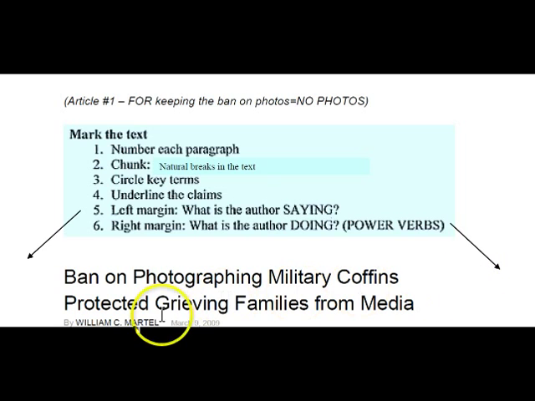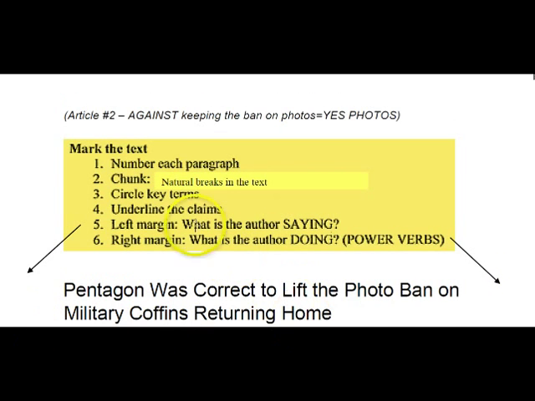Now, when we look at article number 2, article number 2 is against keeping the ban, which means yes, there will be photos, if that person is correct. You're going to do the same exact thing. Read the whole text with a pencil and number each paragraph. Chunk at natural breaks in the text. Circle any key terms that are repeated or defined.